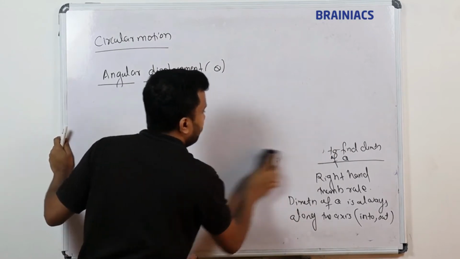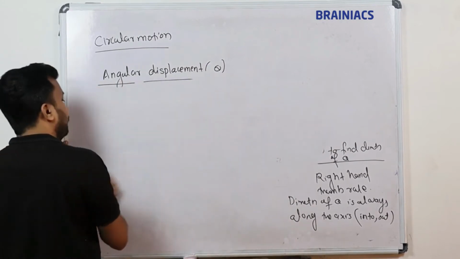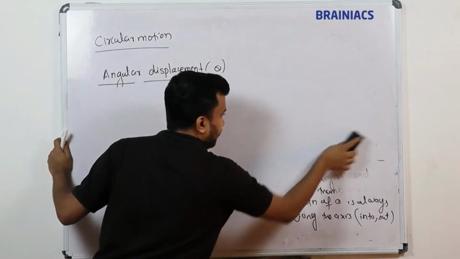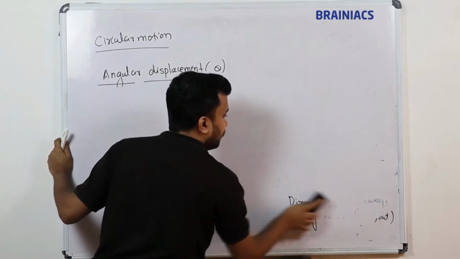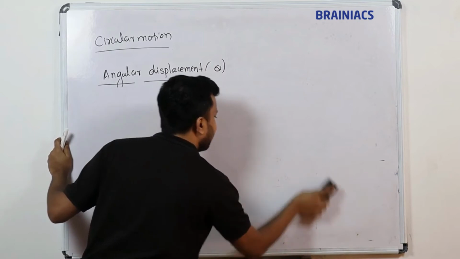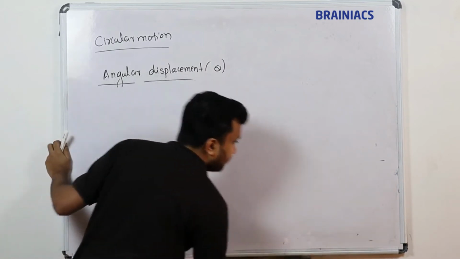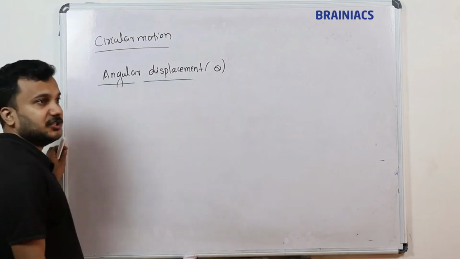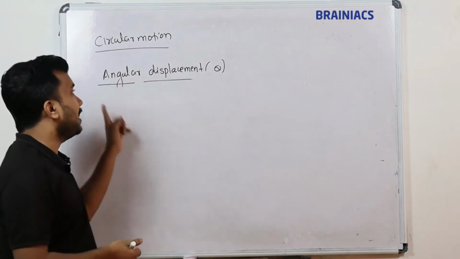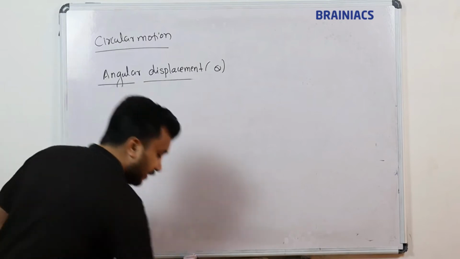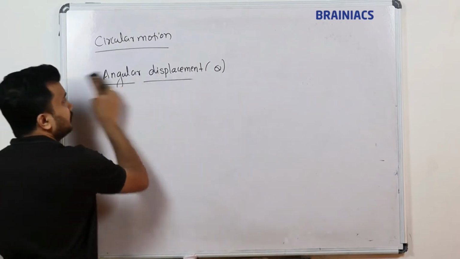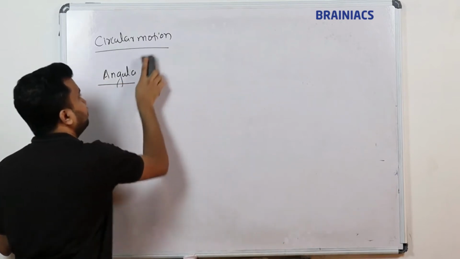In one dimensional motion you learn s equals ut plus half at square, and v square equals u square plus 2as. The s there is called linear displacement. Corresponding to linear displacement in circular motion, it is called angular displacement, which is theta. So this is done. We'll move to the next topic.